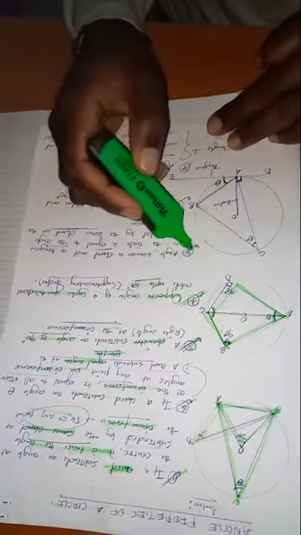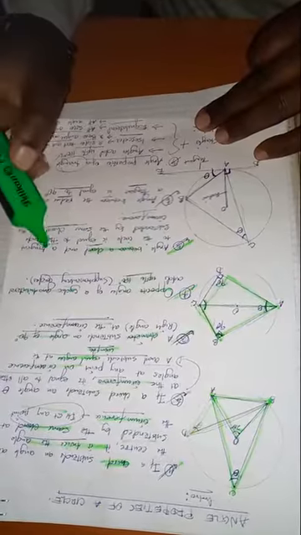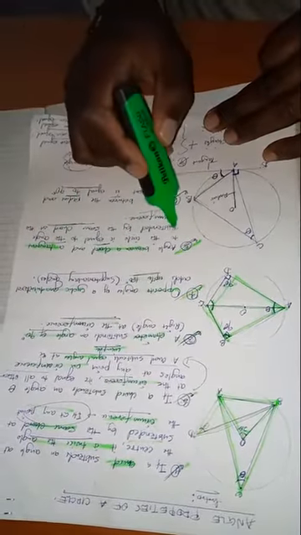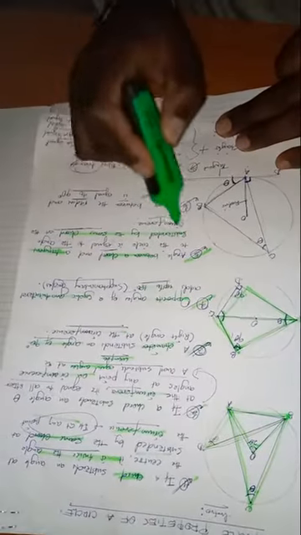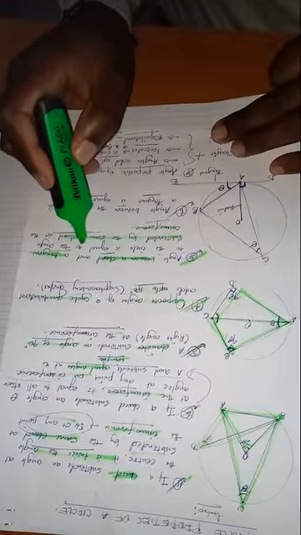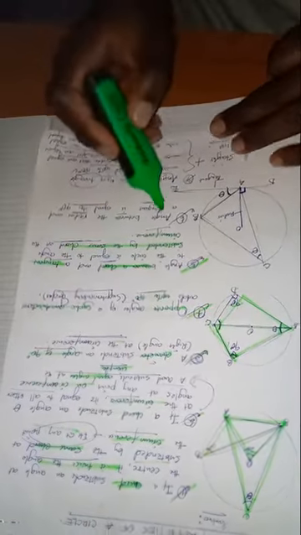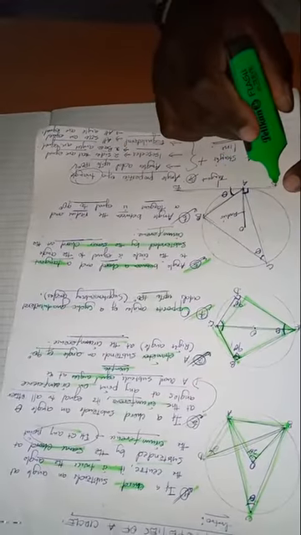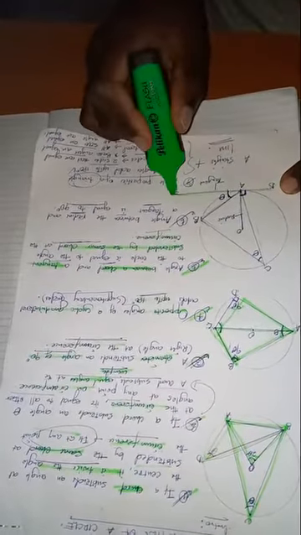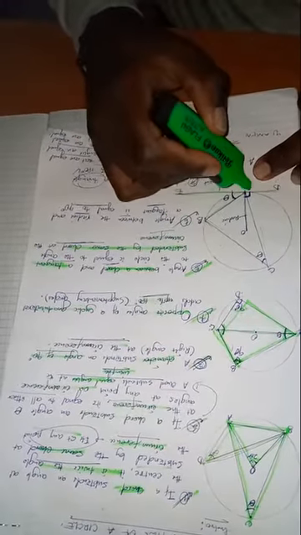The fifth property is that the angle between a chord and a tangent to the circle is equal to the angle subtended by the same chord at the circumference. You have a tangent DAE, this one, and you have a chord AB.